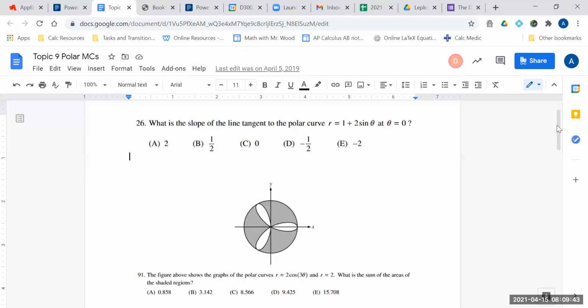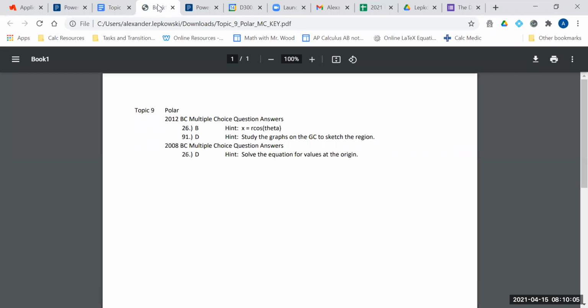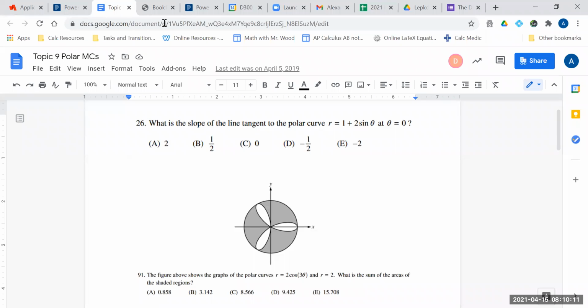To get those, I need to remember that y uses r, whatever that is for the different function, times the sine of theta. X uses r times the cosine of theta. So my hints: use x equals r cosine of theta, y equals r sine of theta. We end up getting letter B.